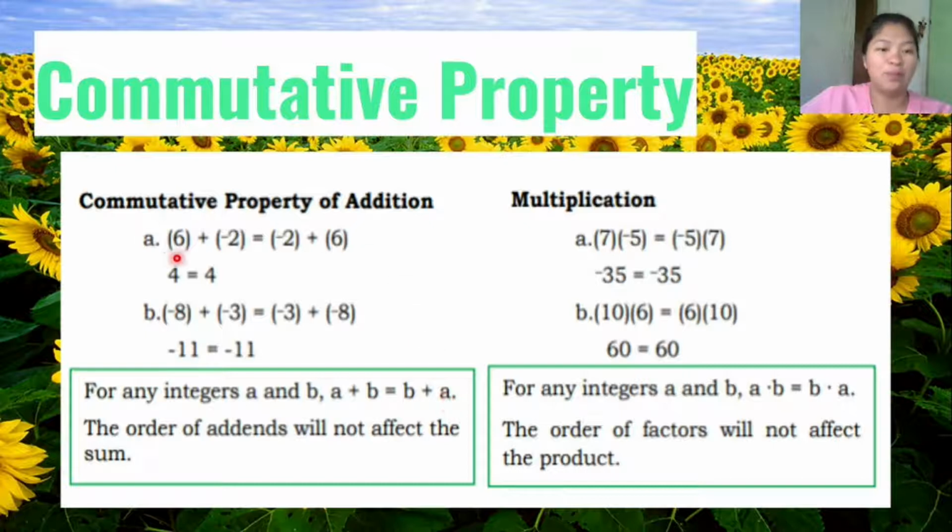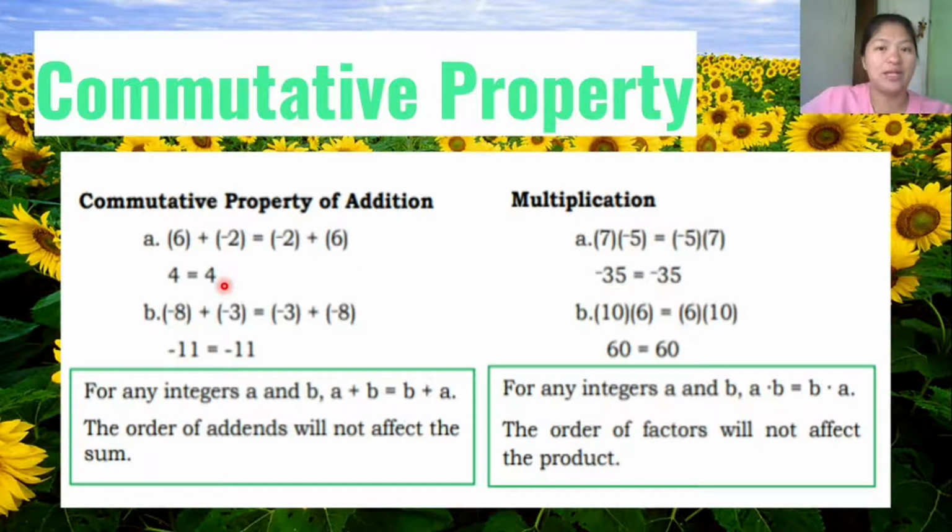So, for example po, 6 plus negative 2 will be equal to negative 2 plus 6. So, this is commutative property of addition. Meaning to say, kapag binaligtad po natin yung kanilang pwesto, 6 plus negative 2 is 4. Pag pinagpalit po natin, negative 2 plus 6 will give you 4 also.